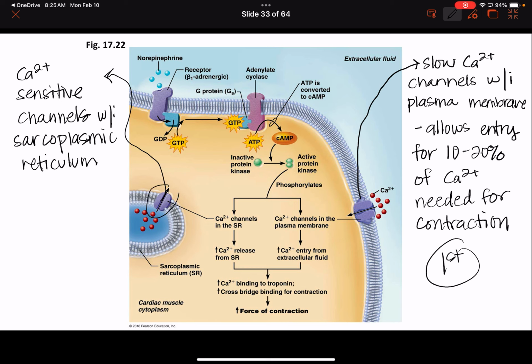And then these channels over here are calcium sensitive. So they detect when the calcium enters the cell. Once that calcium enters the cell, these channels get activated. They work a lot faster, and they're going to release the remaining 80 to 90% of calcium that's needed for contraction.